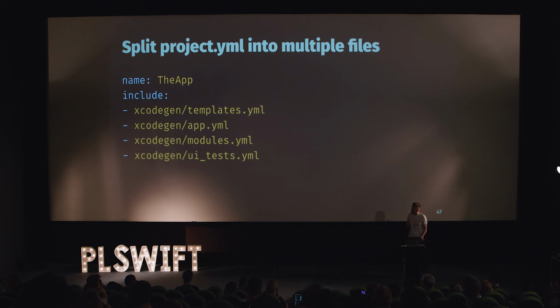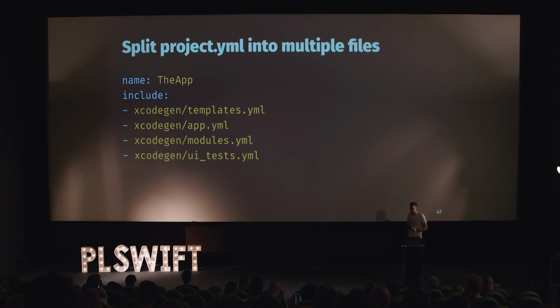And then we have a separate file with our UI tests. As I mentioned before, our UI tests setup is fairly complicated, so separating it into a separate file was a good choice here.